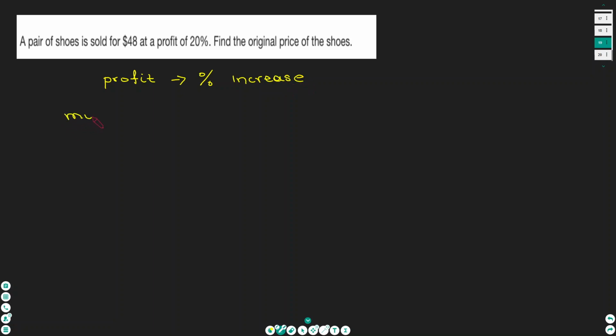Therefore, the multiplier is 1 plus 0.20, so this is 1.20. All we need to do to find the original value of the shoes is divide the $48 by the multiplier. And therefore, the original value of the shoes is $40.